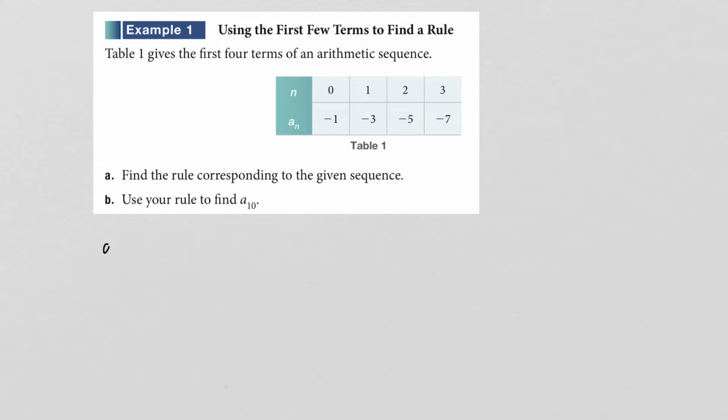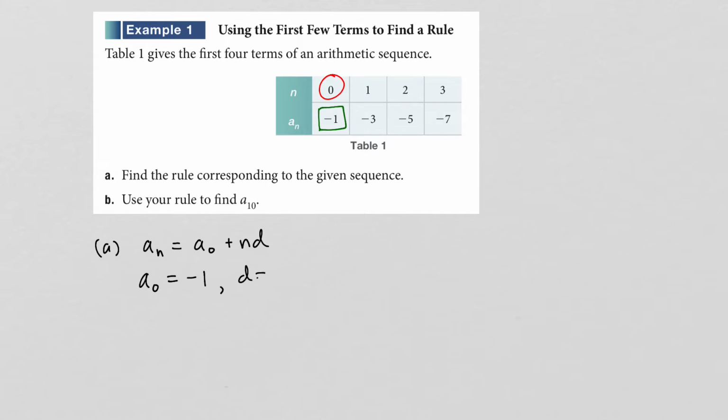From the previous page, we know that a_n, which is our rule, is going to be a_0 plus n times d. So to get this, we need to know what a_0 is and what d is. Clearly, a_0 is the term of the sequence corresponding to when n equals 0, and that term is -1.